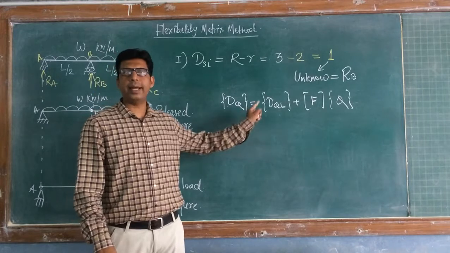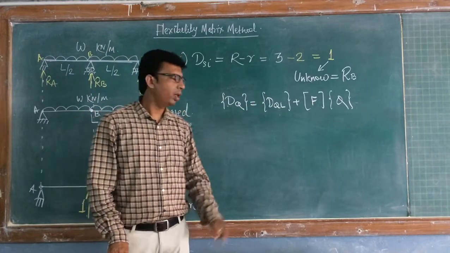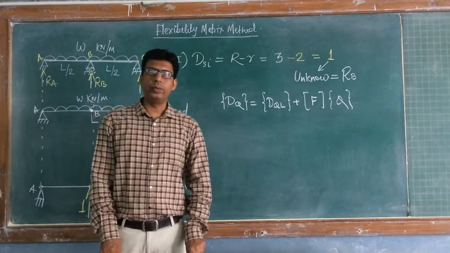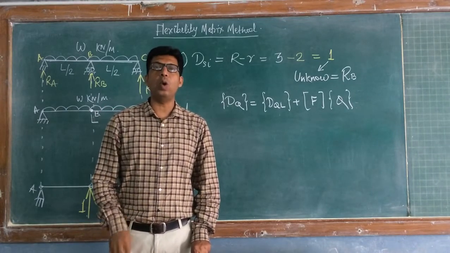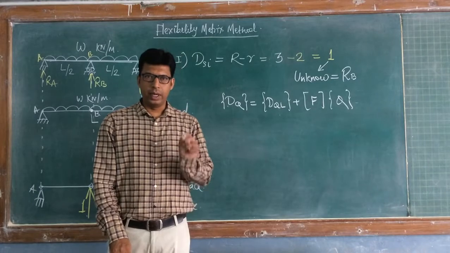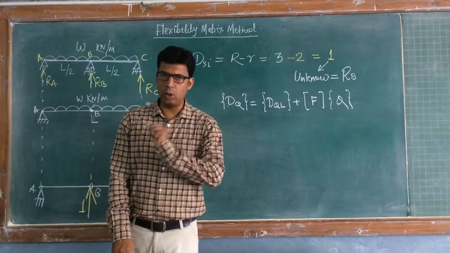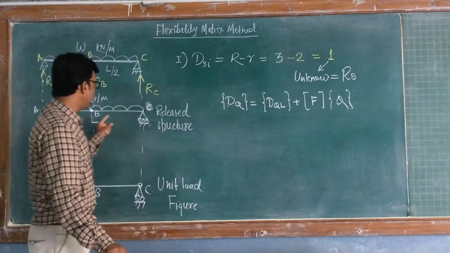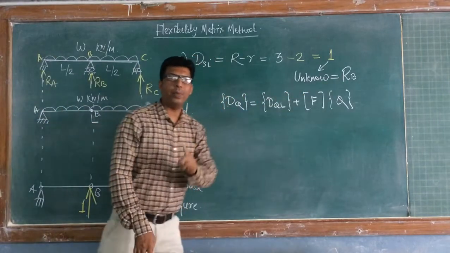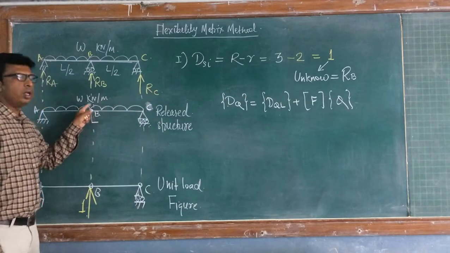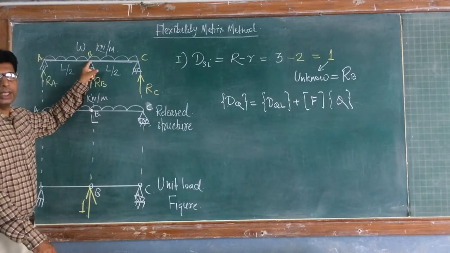In the last class we discussed in detail what these matrices stand for. dq is the displacement corresponding to the unknown reaction in the original structure. The unknown reaction is RB, the vertical reaction at point B.